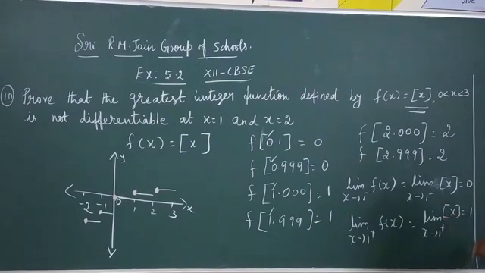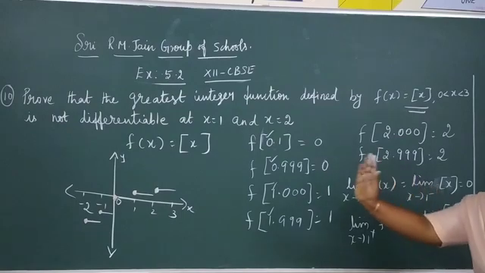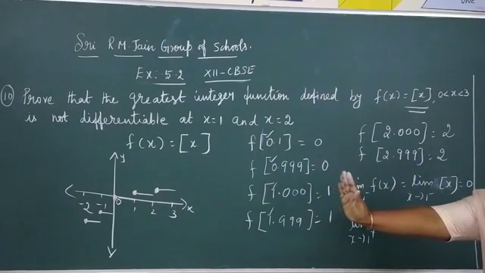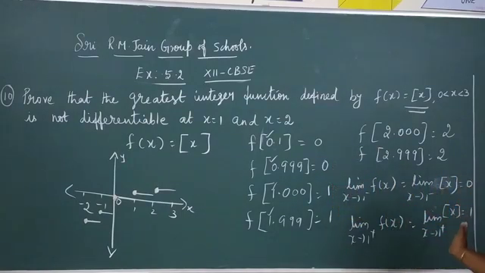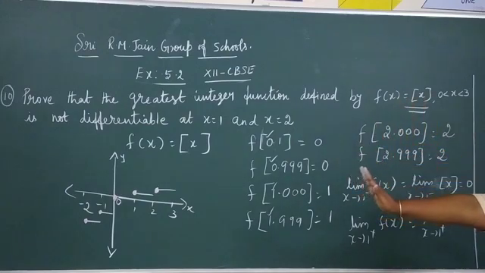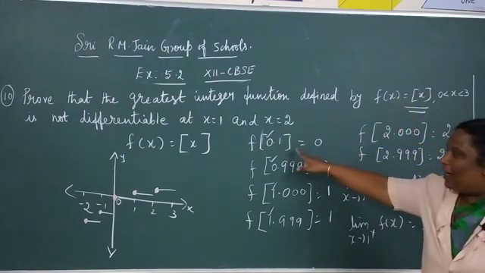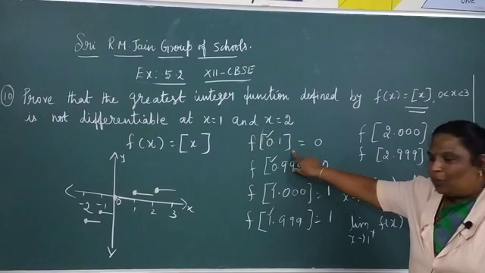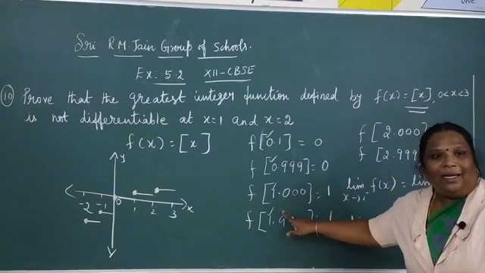What is the value you are getting? 1, because negative 1 minus means it moves on to the 0 point. 1 plus means it moves from 2 to 1 point. You can take it as negative means this point and positive means this point.